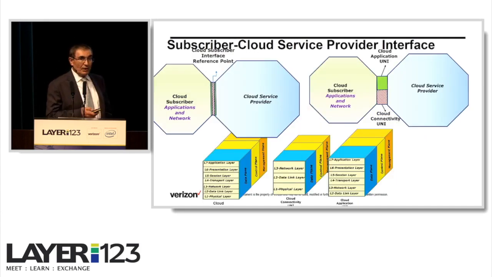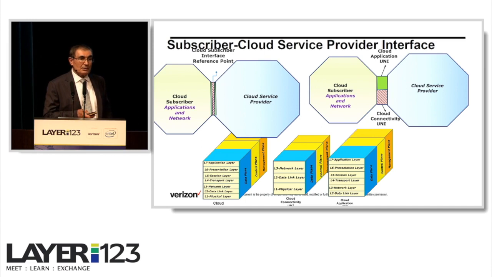Now, we define standard interfaces between them, and that between the subscriber and the service provider we call the cloud subscriber interface. And on the right side, you can see I break them basically into 2 categories. I call it connectivity UNI and also application UNI. This is very, very fundamental.